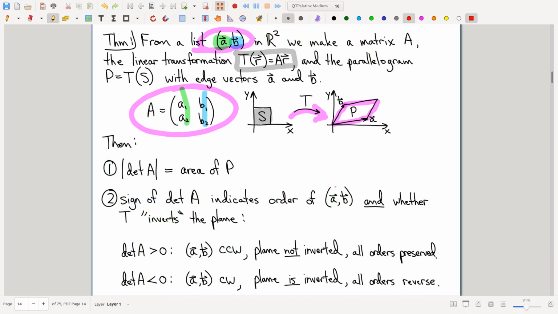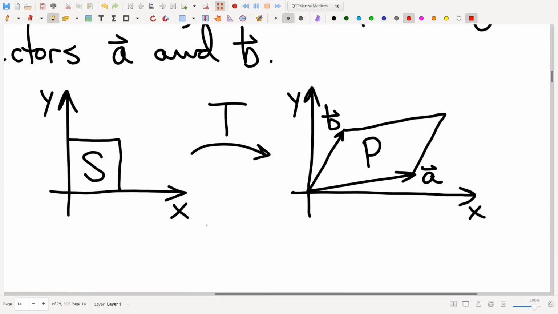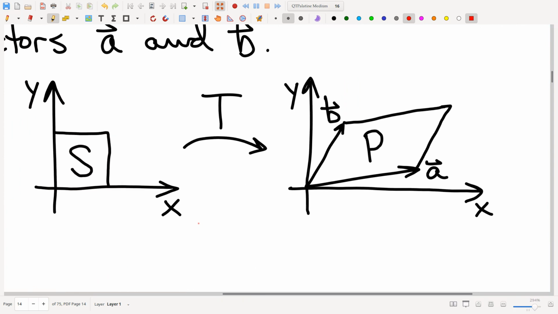Okay. All right. Now I do want to pause. Let me clean up my picture. And I want to recognize that this picture that I drew, I had to draw something, and I drew A like that, and I drew B like this, because I had to put them somewhere, and in that arrangement, A, B is counterclockwise, and I'm certainly not trying to suggest with this picture that it's always counterclockwise.